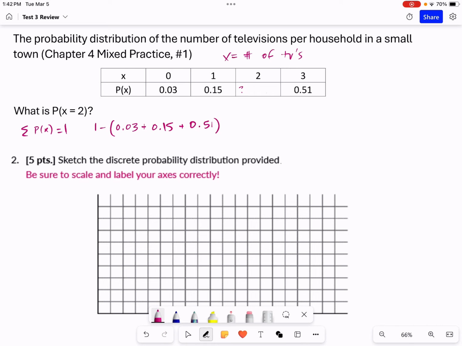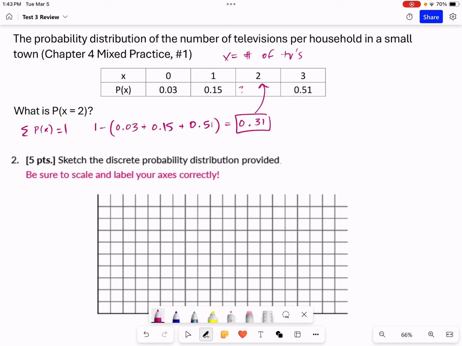So when I put this in my calculator, I might say 1 minus 0.03 minus 0.15 minus 0.51. Or I need to use the parentheses. But in either case, I'm getting 0.31. So that would be our probability for exactly 2 televisions in a household.